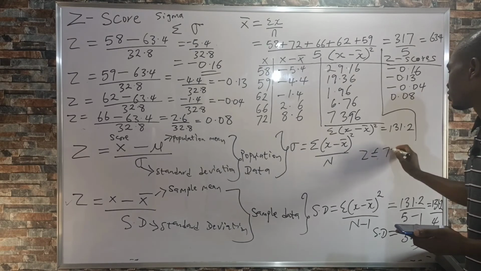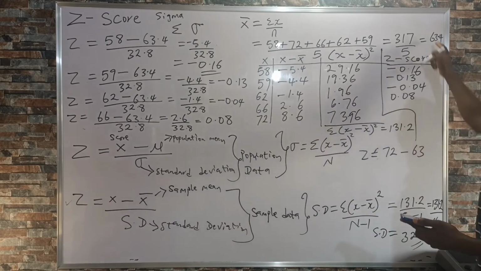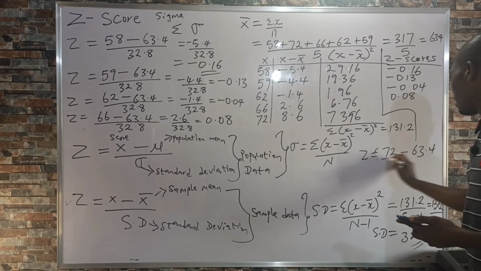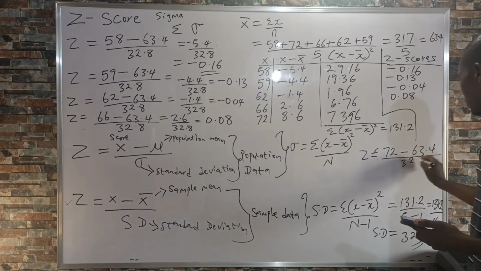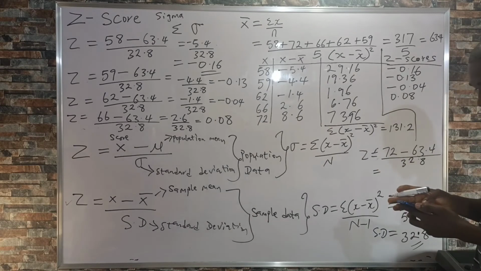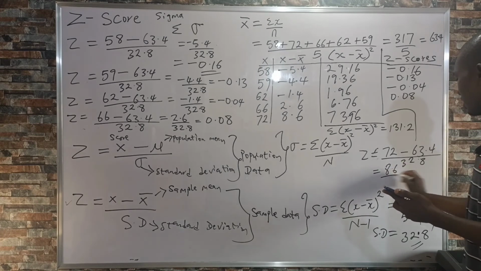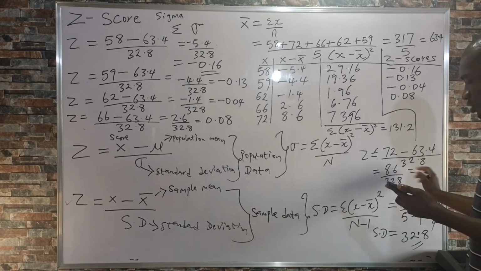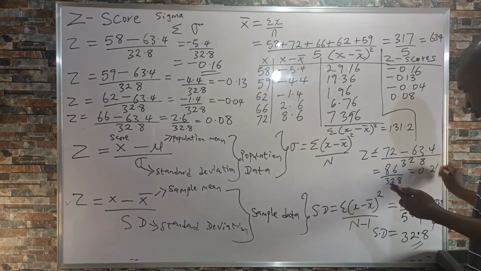We have 72 minus our mean of 63.4, and that is all over our standard deviation of 32.8, and that is equal to, so here we have 72 minus 63.4 will give us 8.6, and that is all over 32.8, which will give us a total of 0.26.